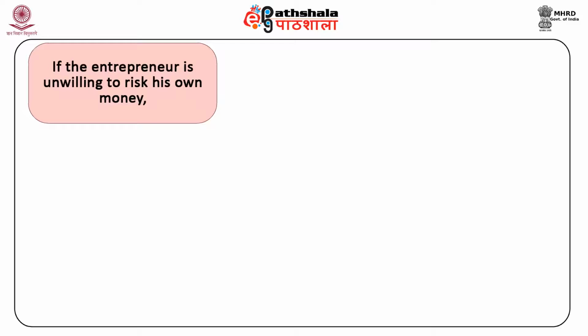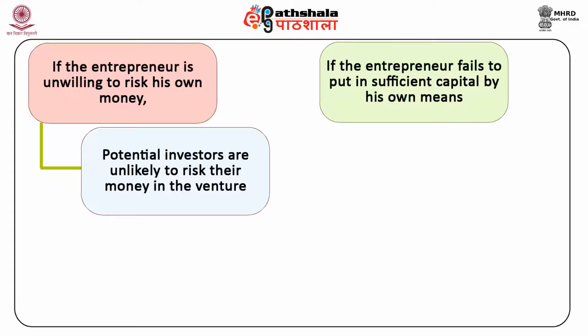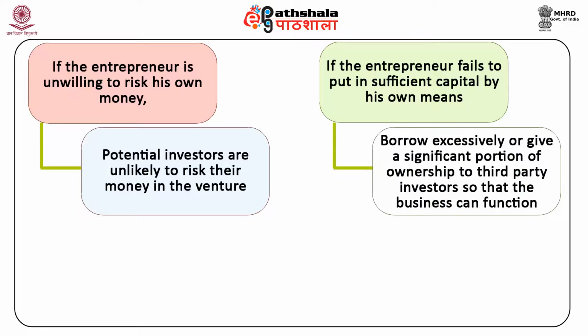If the entrepreneur is unwilling to risk his own money, then the potential investors are unlikely to risk their money in the venture. Furthermore, if the entrepreneur fails to put in sufficient capital by his own means, he will have to borrow excessively or give a significant portion of ownership to third-party investors so that the business can function.